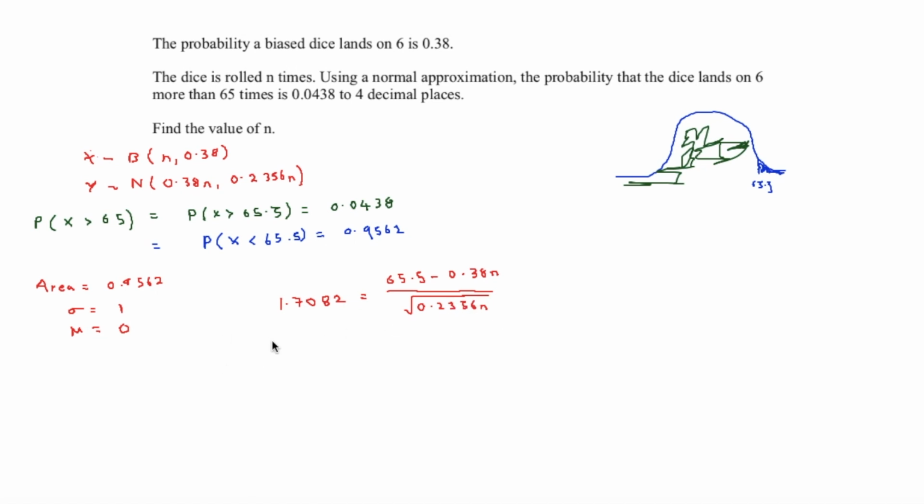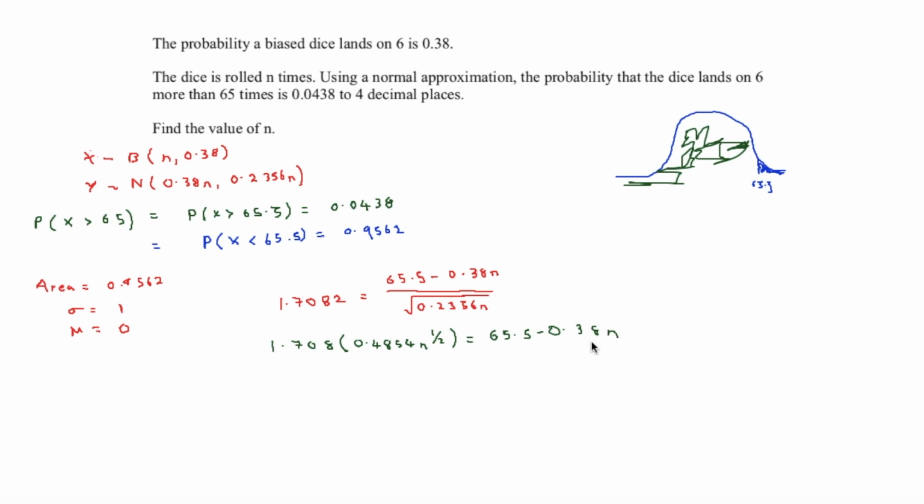So what we'll have is 1.708 times, and if we do the square root of 0.2356, that's 0.4854, then n to the half, and that's going to be equal to 65.5 minus 0.38n.